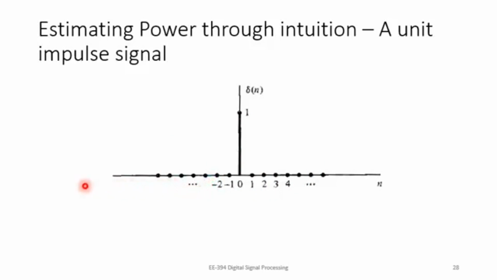So when we sum everything up from minus infinity to plus infinity, we will get 1. So this is an energy signal with 1 unit. And now if we want to spread out this 1 unit evenly to all samples from minus infinity to plus infinity, it is very easy to see that for every sample the average value will be 0.